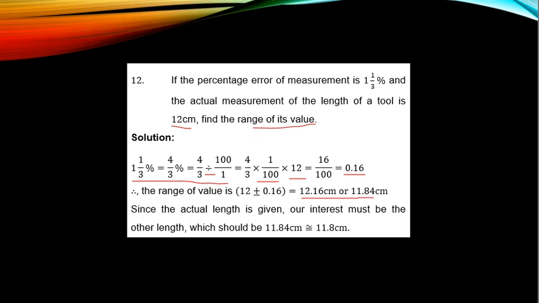So since the actual value is 12 given to us, we must be going downward to have the other length, which is 11.8 approximately. Okay, so this is how we calculate percentage error, relative error in approximation.